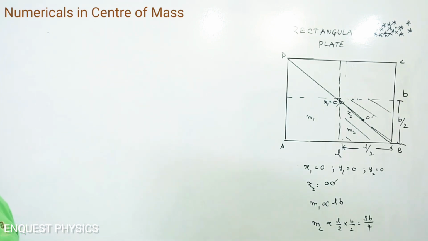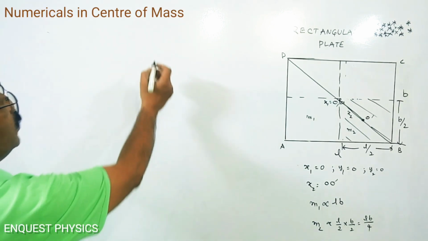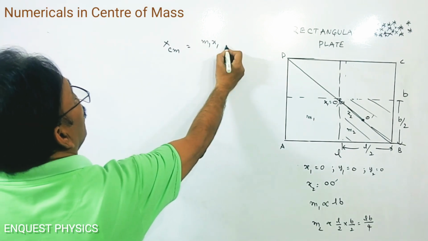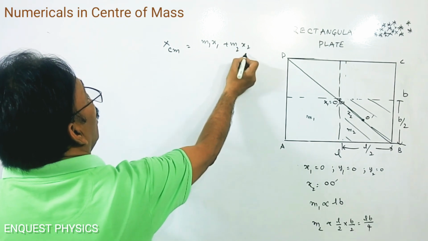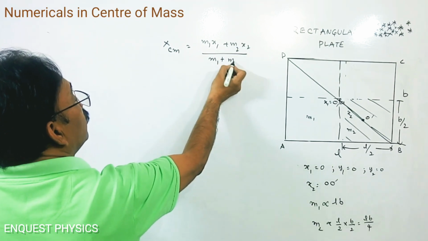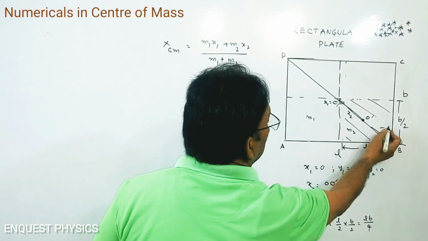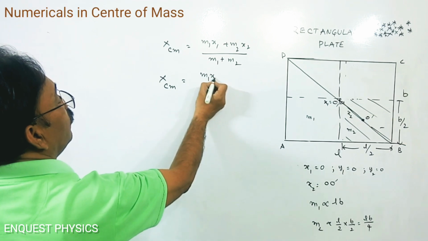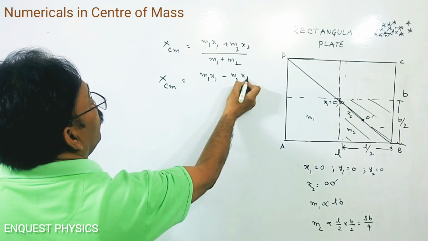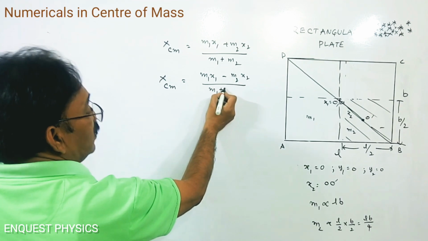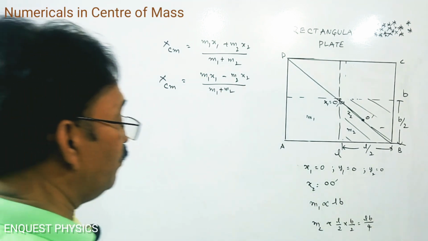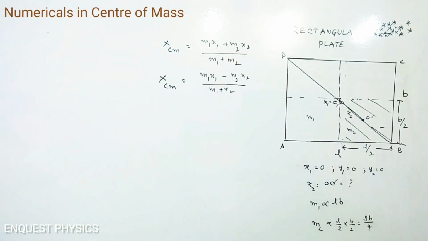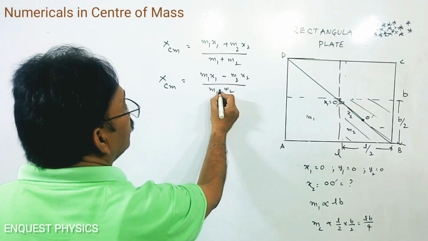We just have to substitute in the relation XCM is equal to (m1 x1 plus m2 x2) upon (m1 plus m2). Since it is a negative mass, instead of a positive sign we put a minus: XCM is equal to (m1 x1 minus m2 x2) by (m1 minus m2), and we need to find O dash.